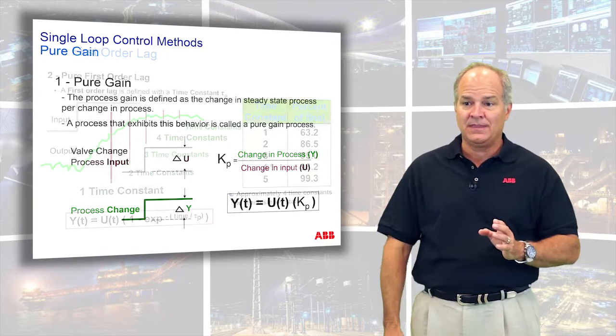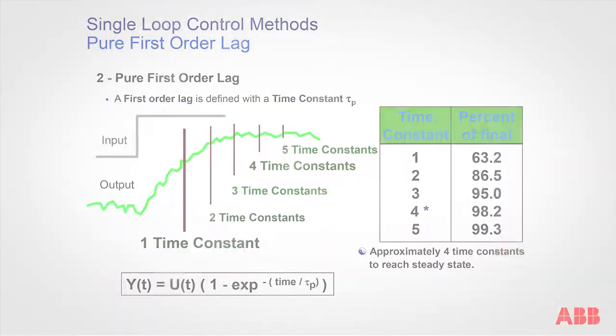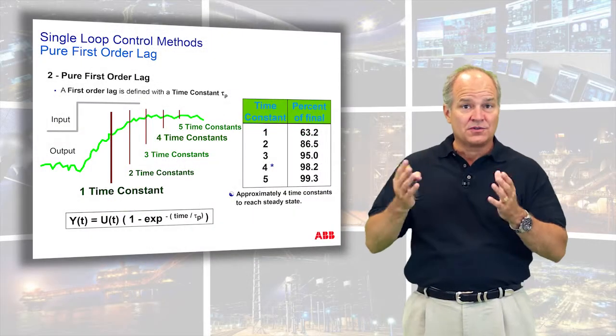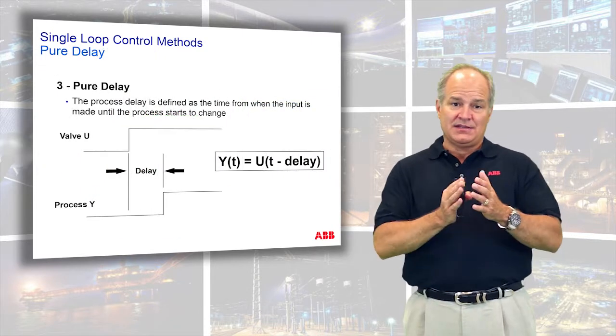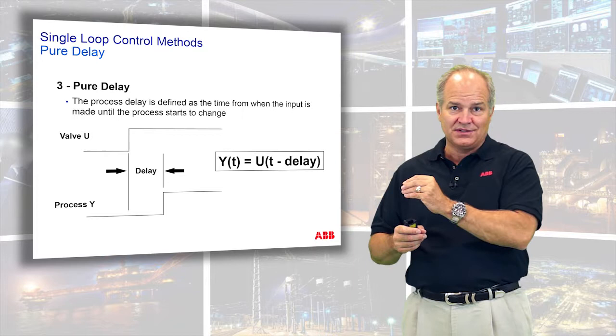Time constant, by itself, is the time from when the process started to change until it finished, divided by 4. We already talked about that. 63% of the process is where it's going to go at one time constant, and that's a first order or one-pole process. Dead time is how long it takes for the process to start to change. So those are the definitions.